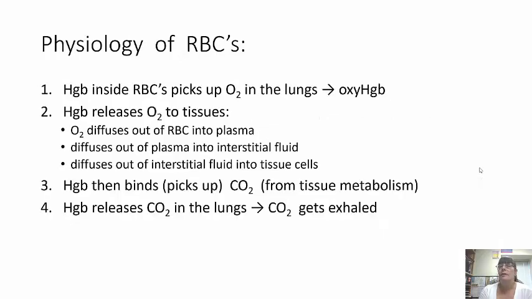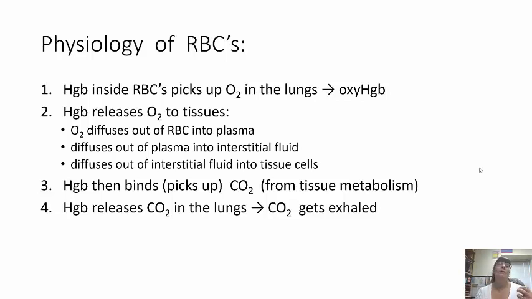The hemoglobin inside the red blood cells picks up the oxygen in the lungs. It's then referred to as oxyhemoglobin. It releases the oxygen to the tissues, so the oxygen is going to diffuse out of the red blood cell into the plasma. Then it's going to diffuse out of the plasma into the interstitial fluid, and then it's going to diffuse out of the interstitial fluid into the cells finally.